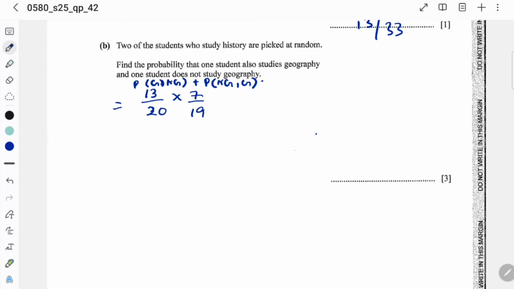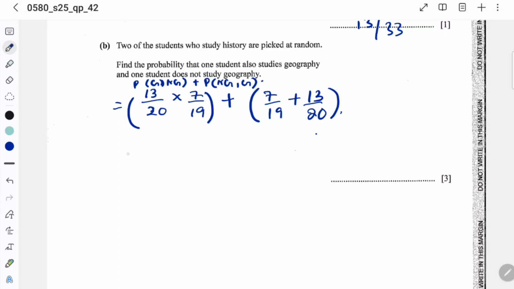This way we will find out. We can imagine that first time they pick a student who is taking geography, and the second time not geography, and the other time, 7 over 19 times 13 over 20.